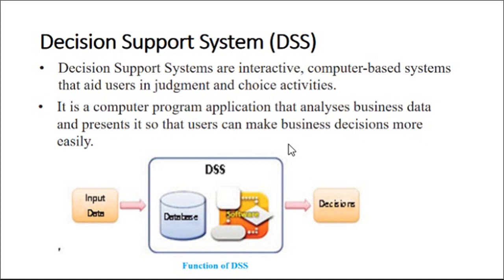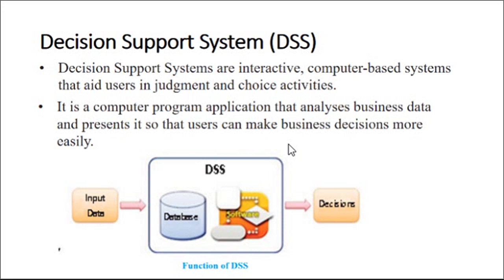Whatever data is available with the particular organization or company, they should represent their data in such a way that, according to that data, the business can take whatever decision they want to take. Suppose they want to produce a particular product. They first have to analyze the requirements of that particular product.